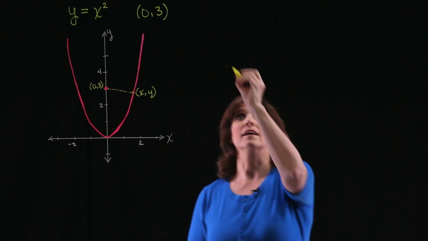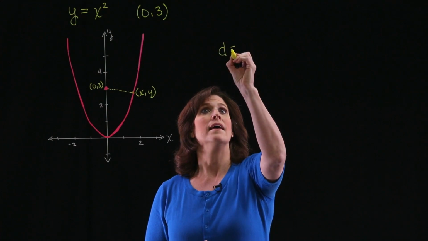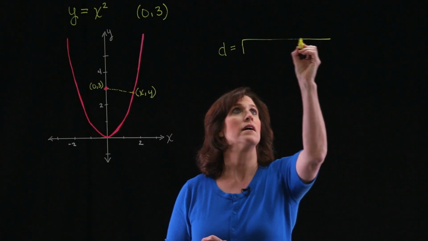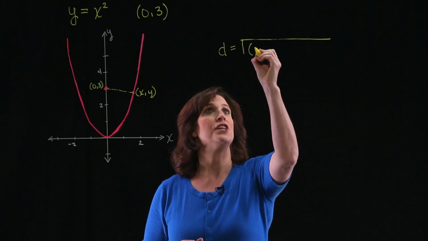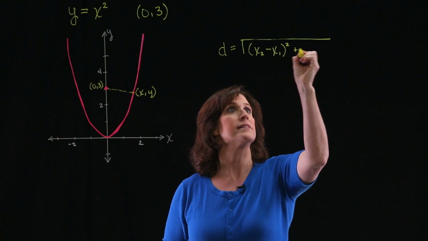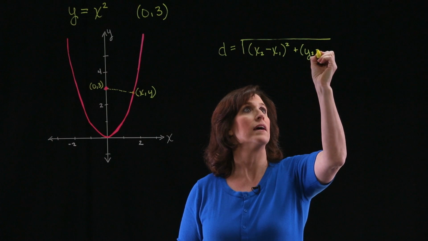So the distance formula tells me that the distance between any 2 points is the square root of the change in x squared plus the change in y squared.